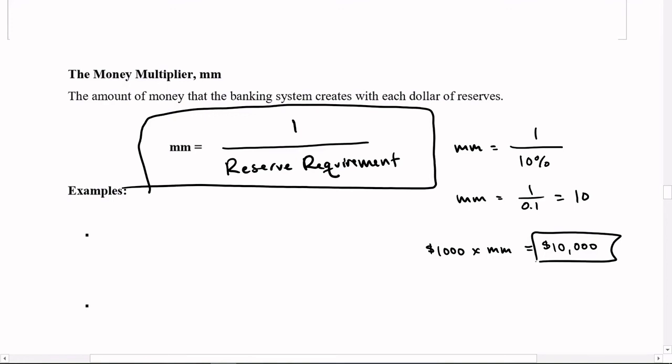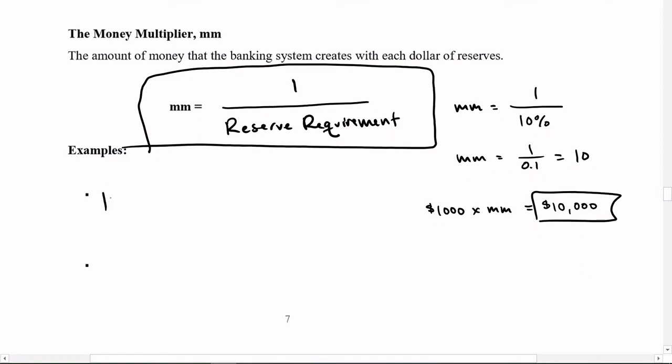So let's take a couple examples. If we have a reserve ratio or a reserve requirement of 5%, that's equal to 0.05, then our money multiplier is equal to 1 over 0.05, or 20.